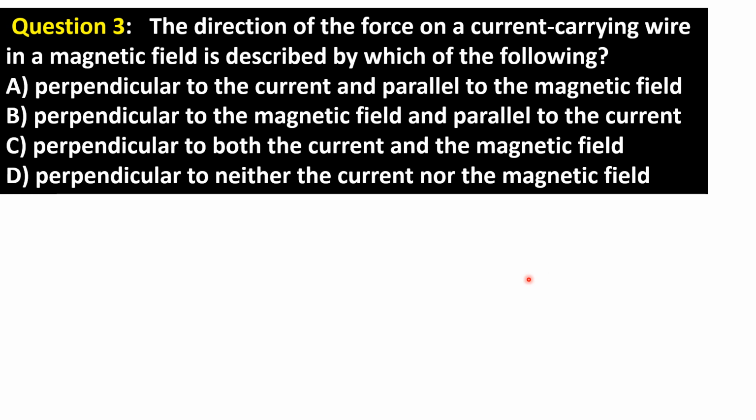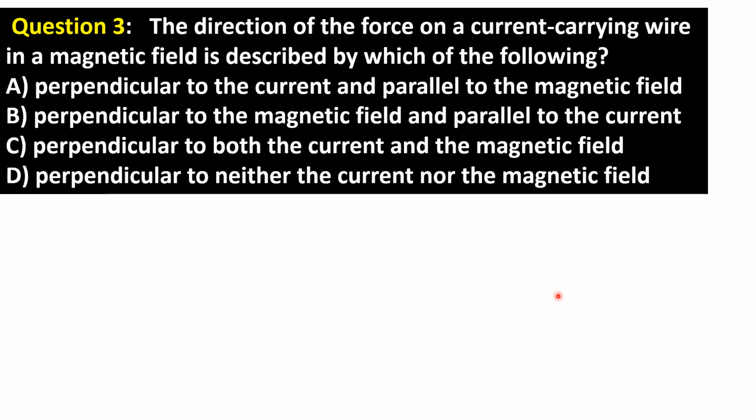For example, a bar magnet is an object that has its own magnetic field. If a charged particle enters such a magnetic field, it is going to experience a magnetic force. So the charged particle within the external magnetic field will experience such force known as magnetic force.